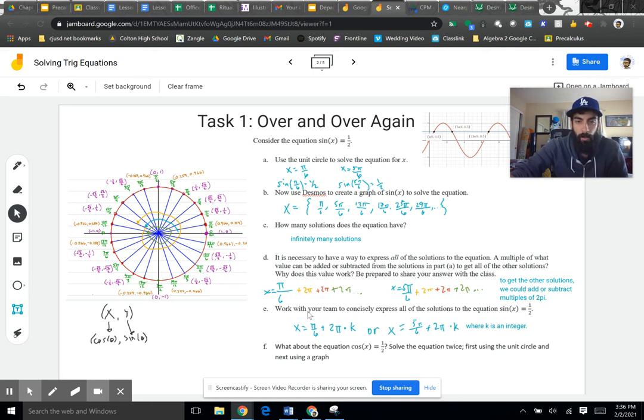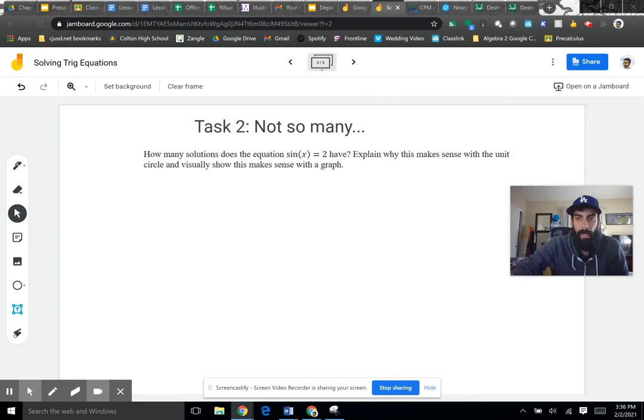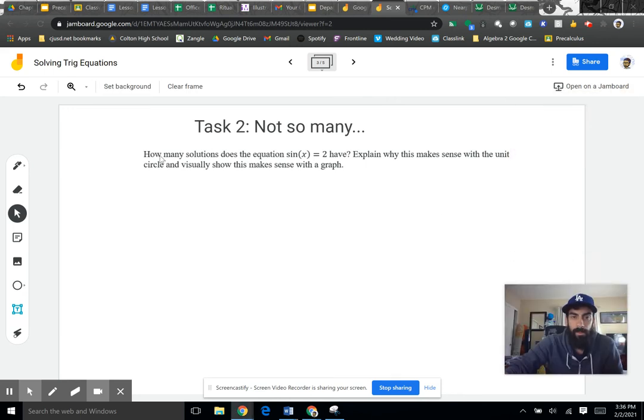So I ultimately want you to come up with an expression, really two expressions, just like we did here, that would solve for cosine of x. You'll move on to task 2, which now wants you to think about how many solutions the equation sine of x equals 2 have. You'll explain why this makes sense with the unit circle, and I want you to visually show this makes sense with a graph. So get on Desmos and show with a graph why that's true.